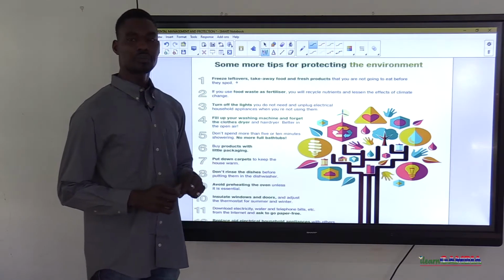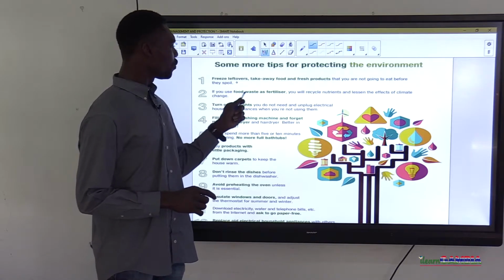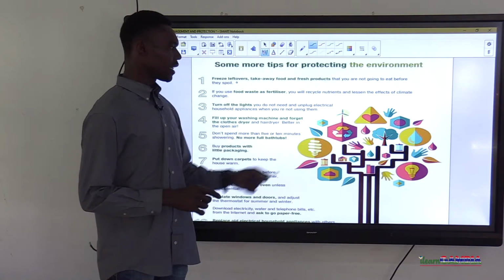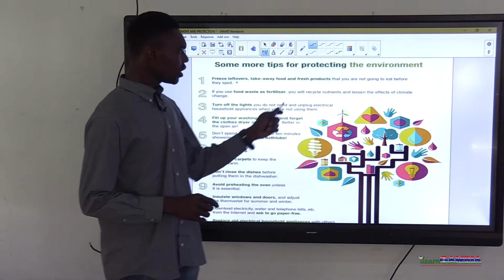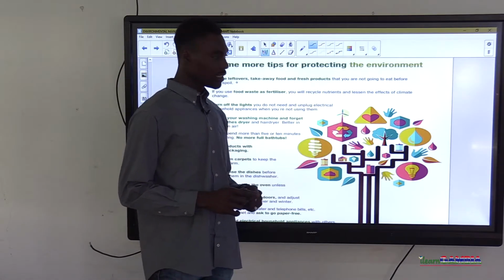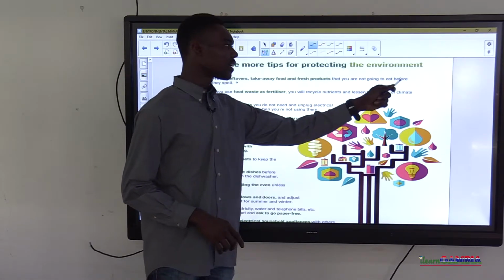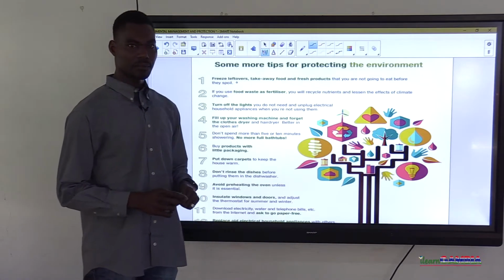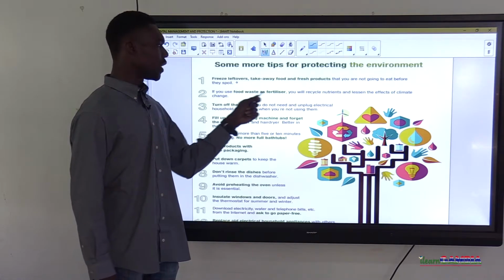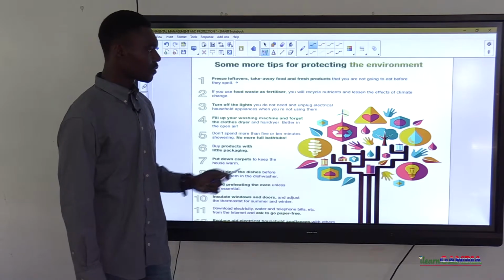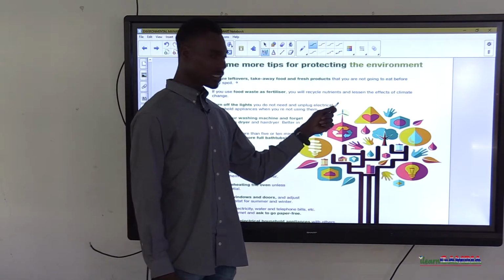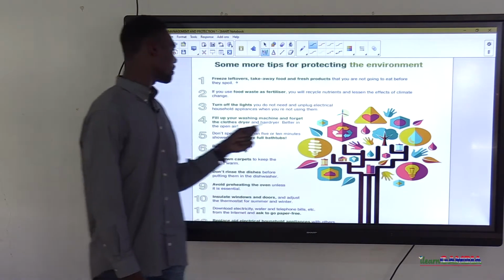Point 2, if you use food waste as fertilizer, you will recycle nutrients and lessen the effects of climate change.